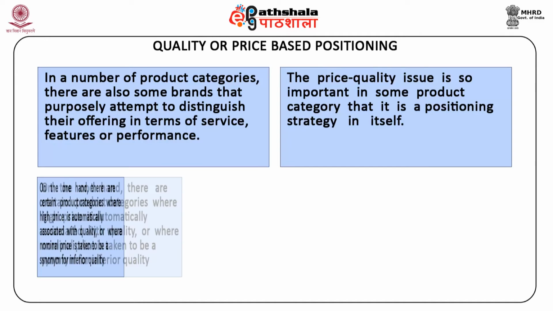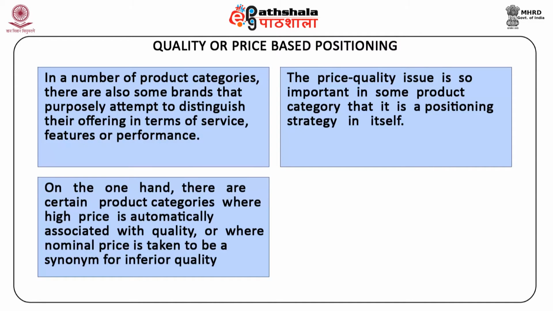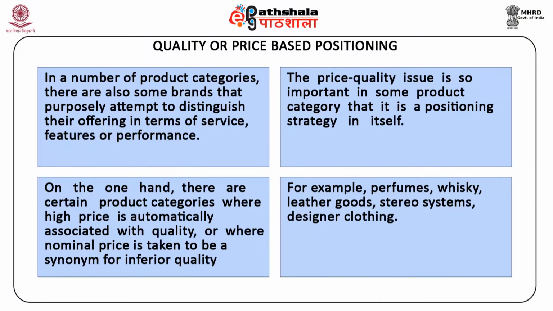The price quality issue is so important in some product categories that it is a positioning strategy in itself. On the one hand, there are certain product categories where high price is automatically associated with quality, or where nominal price is taken to be a synonym for inferior quality. For example, perfumes, whiskey, leather goods, stereo systems, designer clothing.